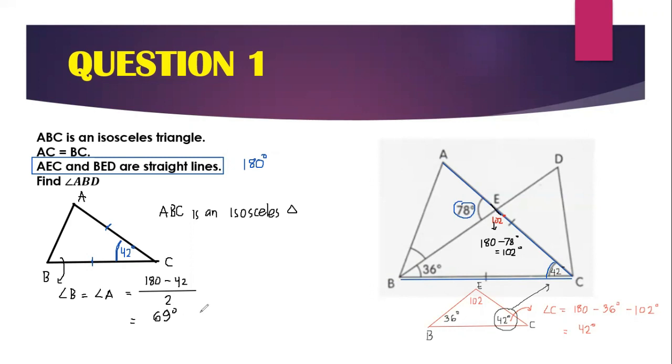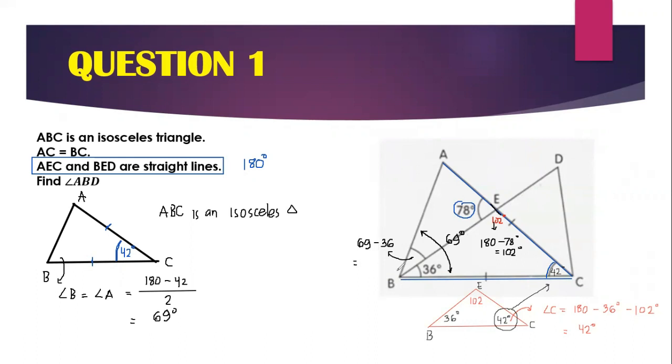Okay, now go to the diagram. Students, angle B is 69 degrees, this one, right? So this one is very easy to find, right? 69 minus 36.